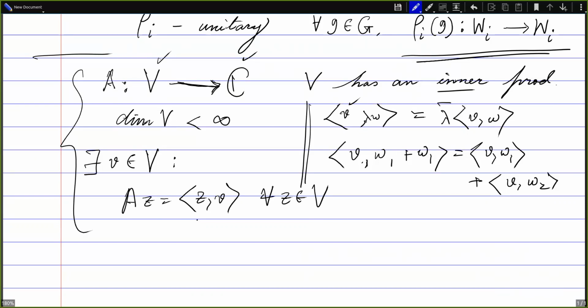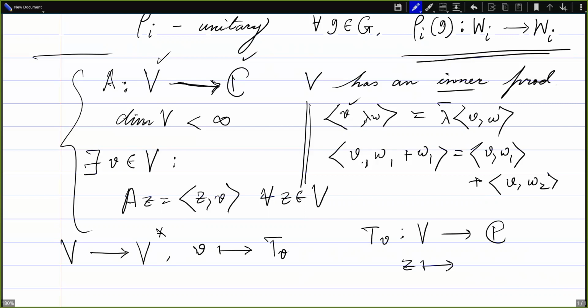Okay. So in view of that, we now know that there is a bijective map from V to V star. Each V is being mapped to T_V. What is T_V? T_V is the map from V to C, the linear functional corresponding to V. How is that obtained?